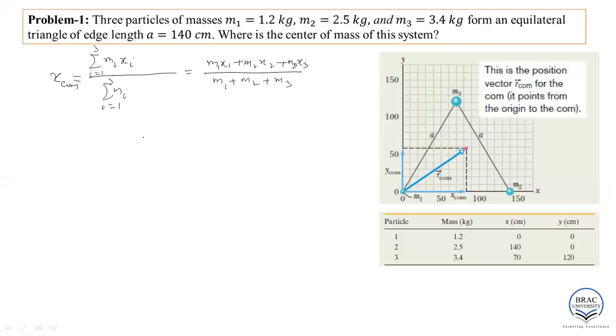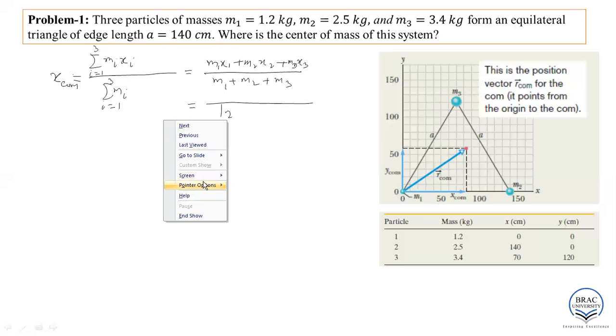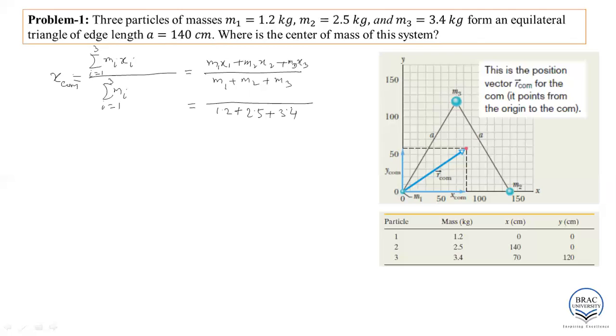If we put the values, then you see that the masses are 1.2 for the first particle, 2.5 for the second particle, and 3.4 for the third particle.